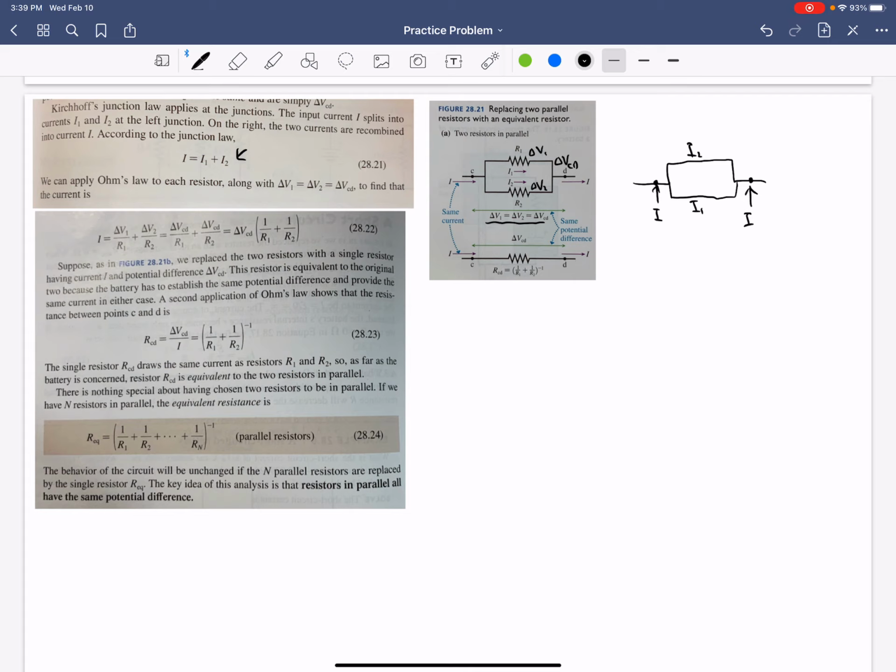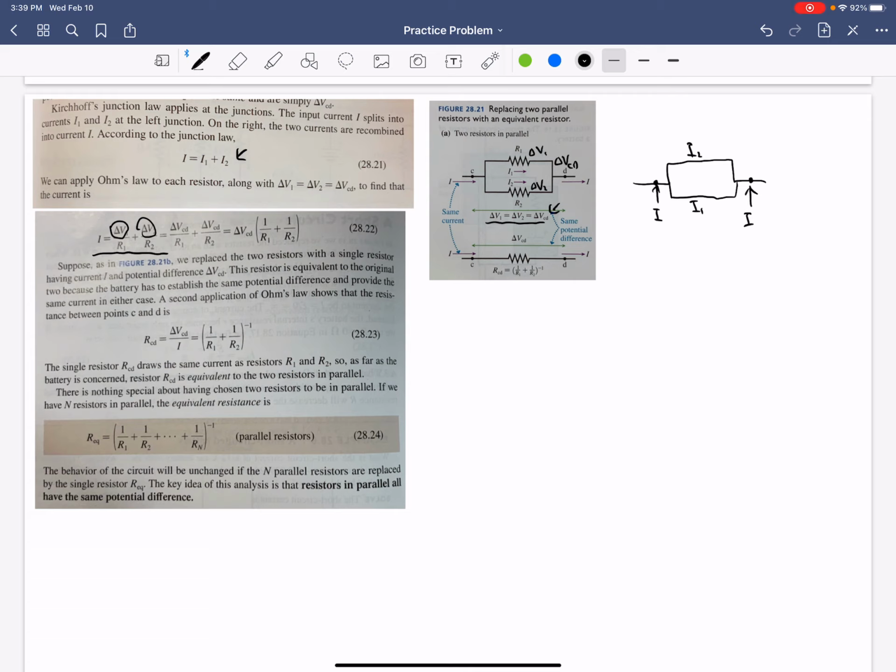When you apply Kirchhoff's junction law, I equals I1 plus I2, and you plug in Ohm's law, you get this equation right here. And since delta V1 equals delta V2, you can substitute them with delta VCD according to this equation.